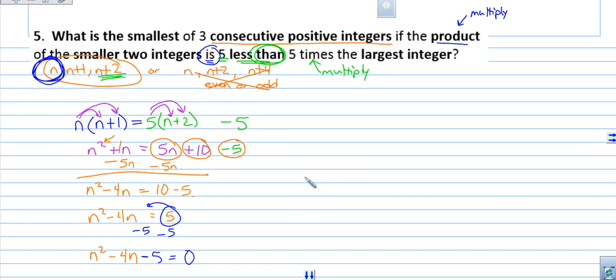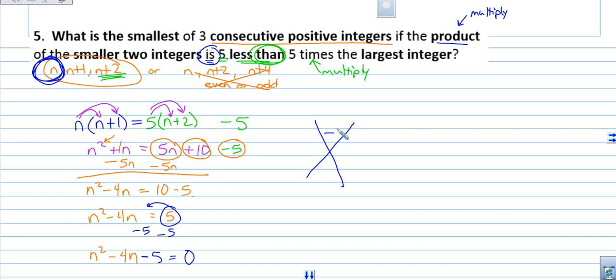So now I'm going to try to X factor, okay? Or I could do the quadratic formula, or I could graph it. It's whichever method that you've chosen that you like to do and that you're the best at. But in this particular case, this is a really simple factoring question, so I would suggest factoring, and it'll be the fastest.